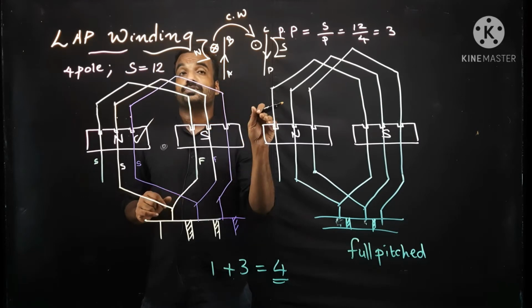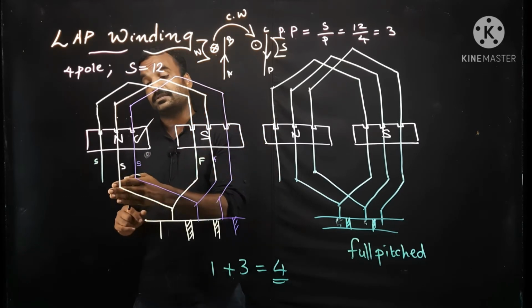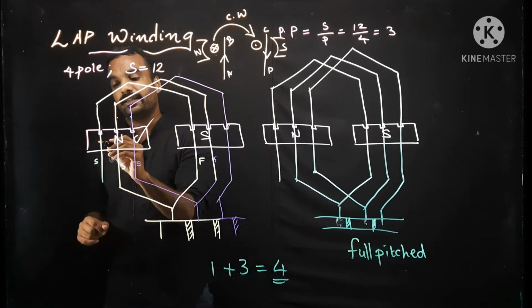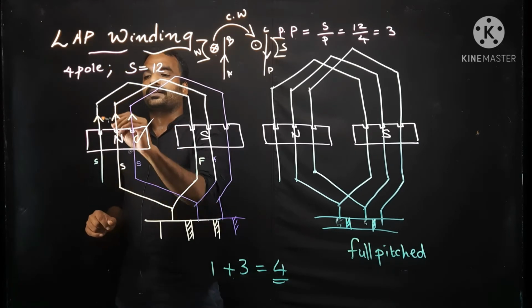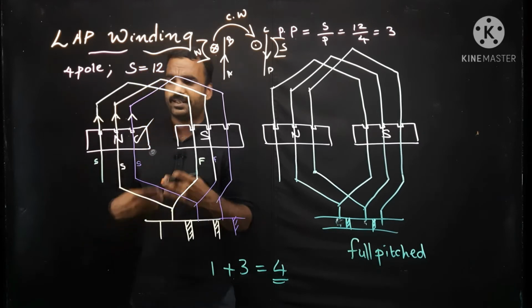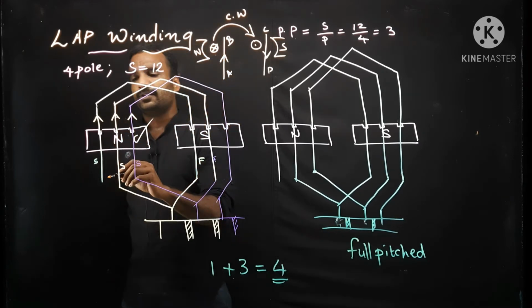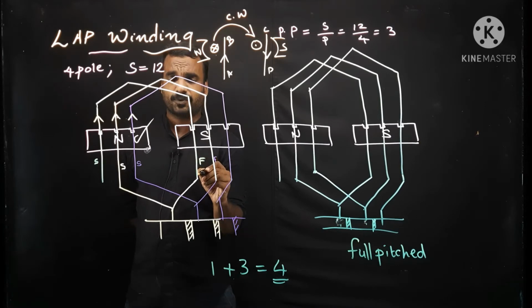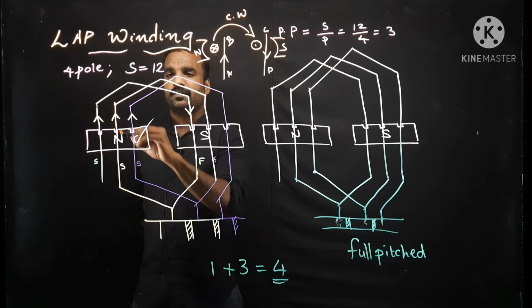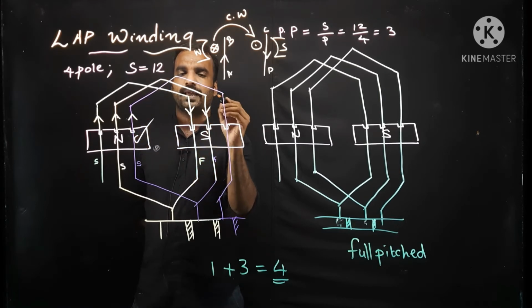They will get cross. Cross means current will pass towards inside, that is upside. All the conductors under north pole are carrying current in upside direction. So if this current is upside, what happens in its corresponding south side conductor? It will go downside. For second coil also like this.